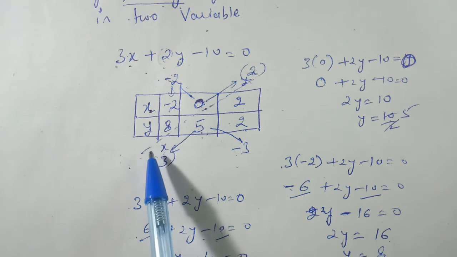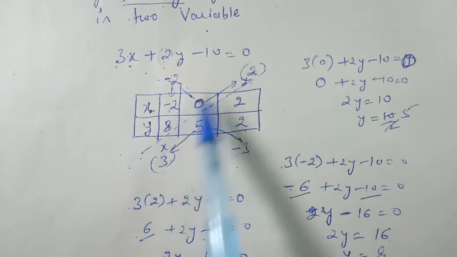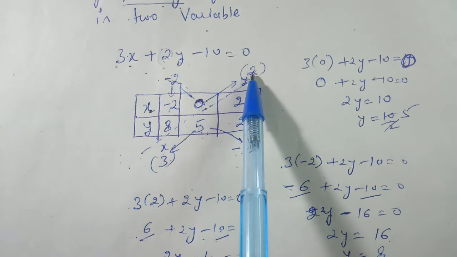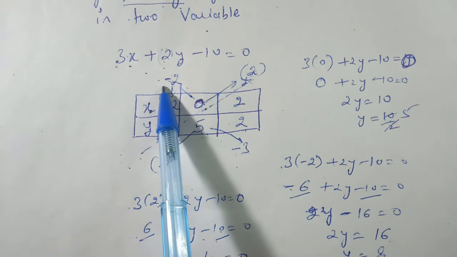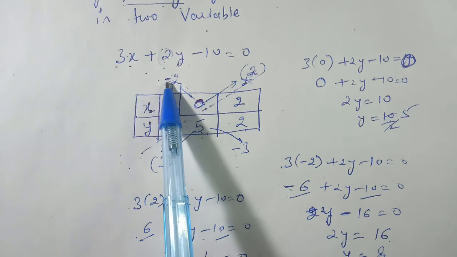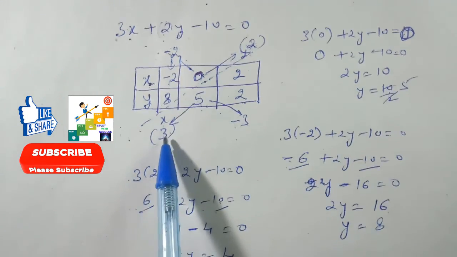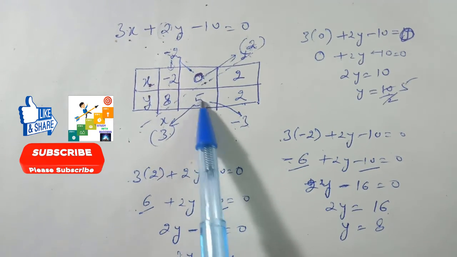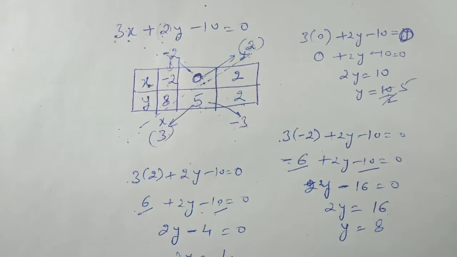Here y is written, so below it we have to write the coefficient of x. Of the opposite variable you have to write, and if you have taken the value here 2, then write the same value but change the sign. The value whatever you have written over here, reverse it and take it below the other box and add in cross way like this. Thank you.